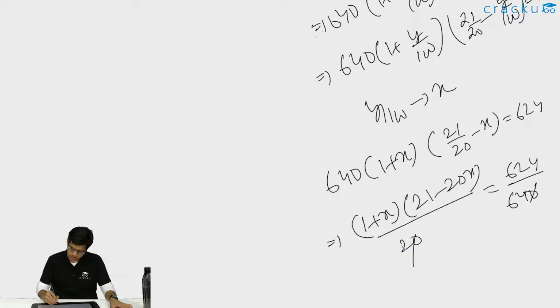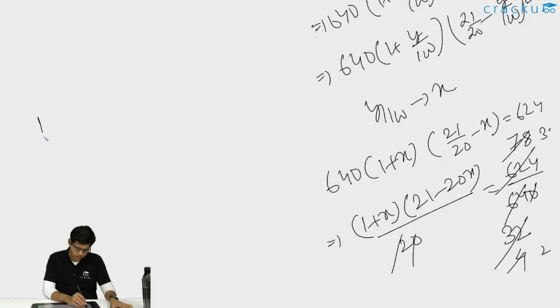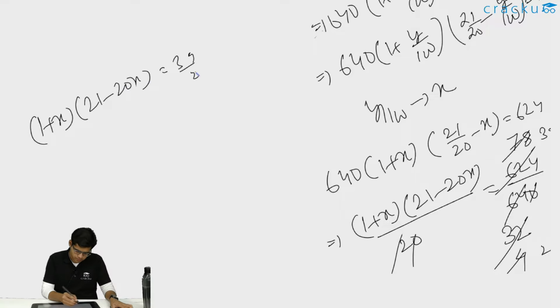This I can cancel. This is 32. Now 624 by 32 I can cancel by 4, or I can cancel by 8 only, I think. 8 4s are 32, 8 7s are 56. Yeah, this is 78. Then again I can cancel by 2, it is 39 by 2. So basically the equation is 1 plus x, into 21 minus 20x, equals 39 by 2.